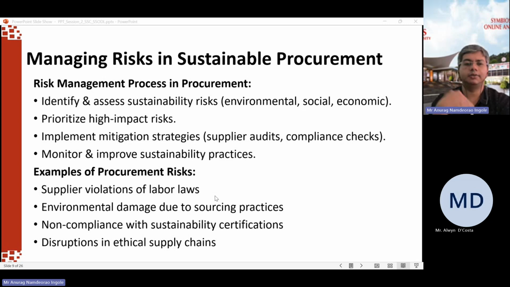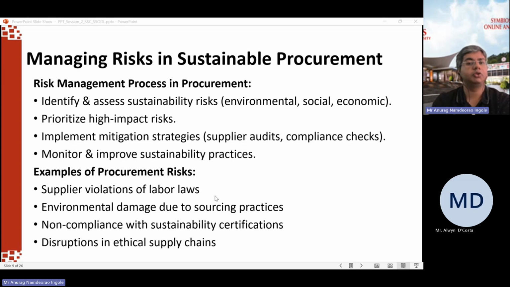Then we prioritize the high impact risks out of the total list, and then we implement mitigation strategies such as supplier audits and compliance checks, which also focus on sustainability related risks. You may already be aware of these supplier audits and compliance checks, because there are already some standards asking for them.